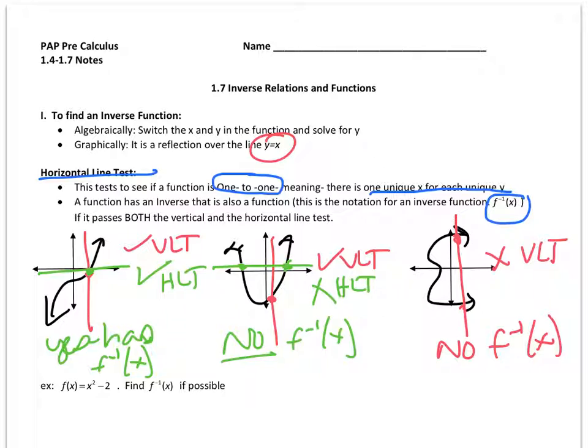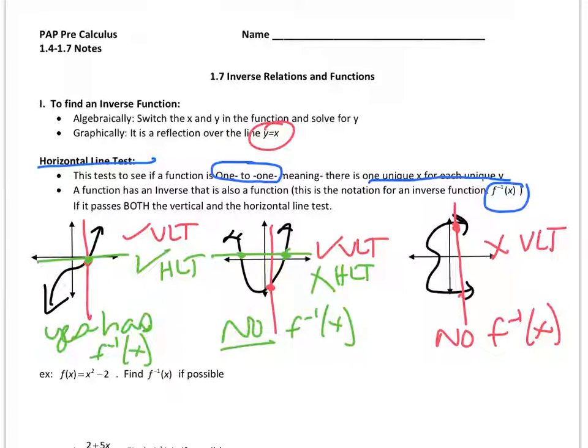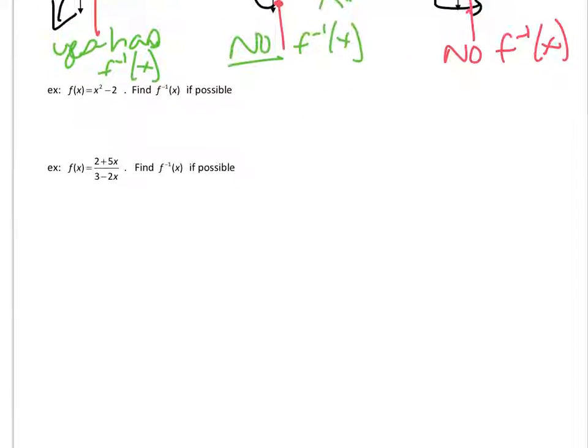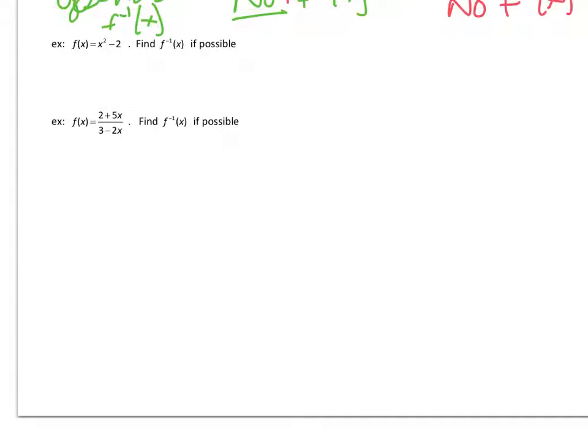Okay. So the first thing we're going to do is look at the example x squared minus 2 and find f to the negative 1 if possible. So first you need to know what your graph kind of an idea looks like. X squared minus 2 is a quadratic, looks like this.